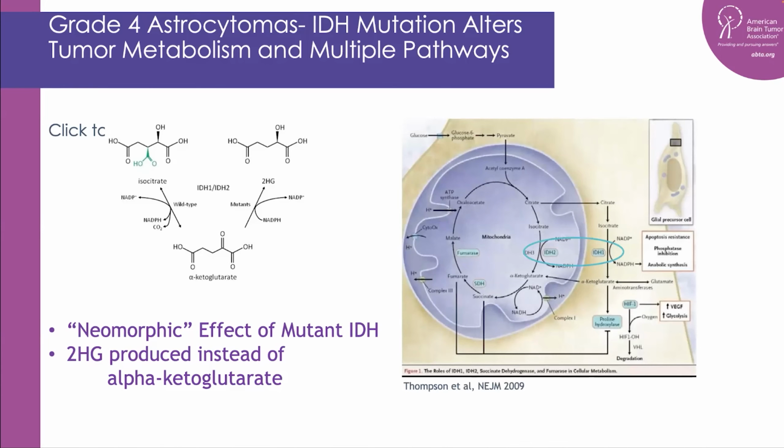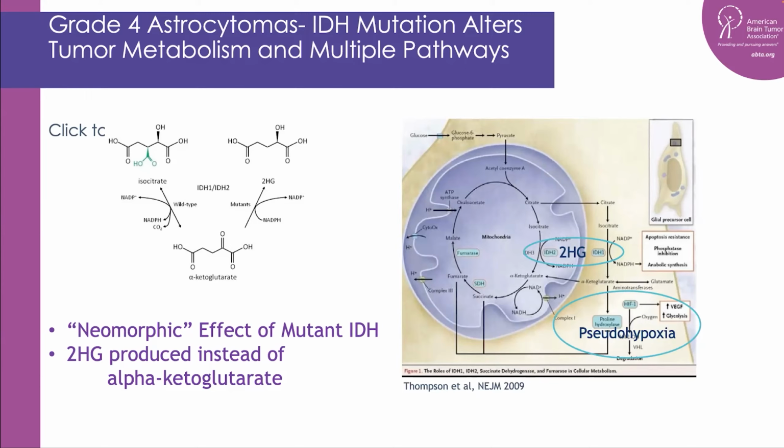And we know from a lot of work, including Nobel Prize winning work, that the IDH mutation has many different effects in tumor cells, and it's seen in gliomas as well as a number of other cancers. It produces this metabolite called 2-HG that results in a number of things, something called pseudohypoxia.